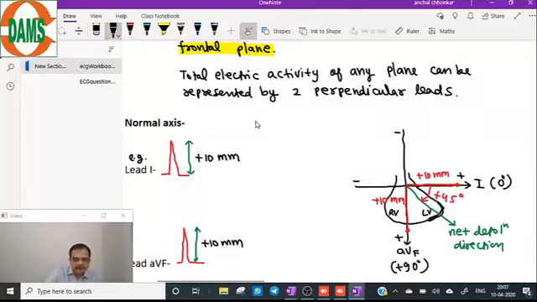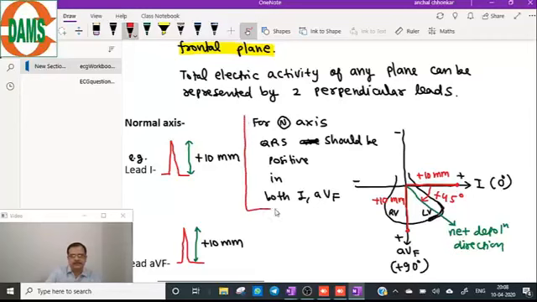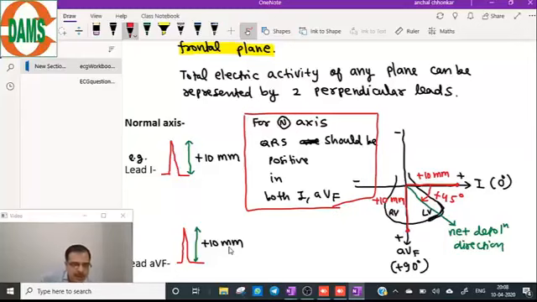So remember, for a normal axis, QRS should be positive in both lead 1 and AVF.